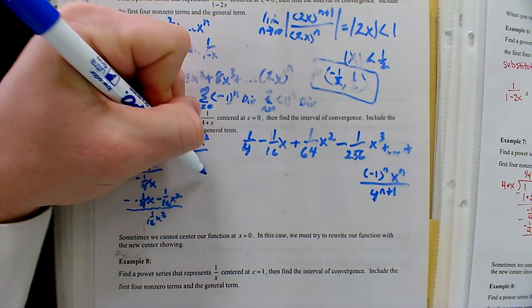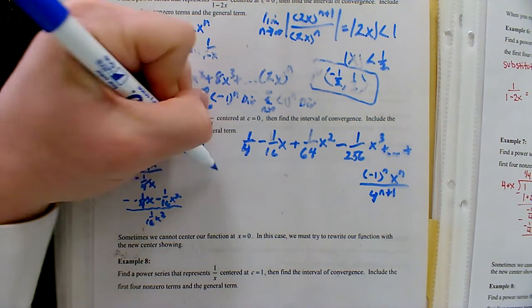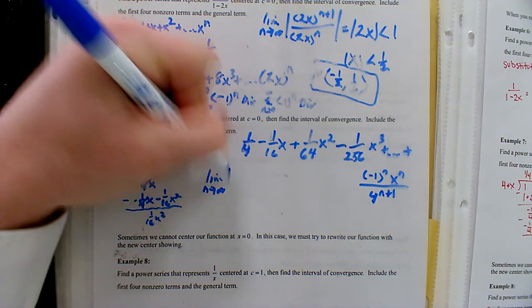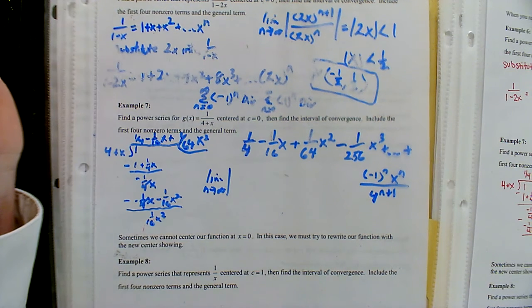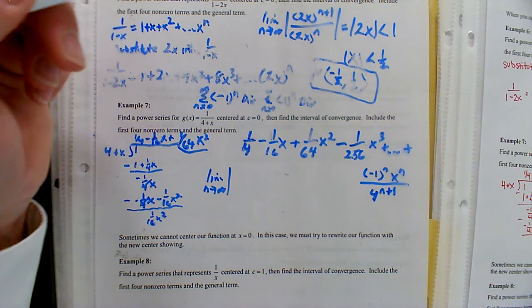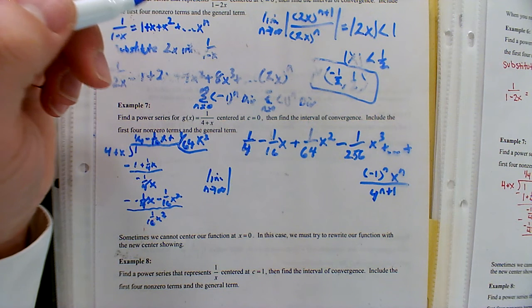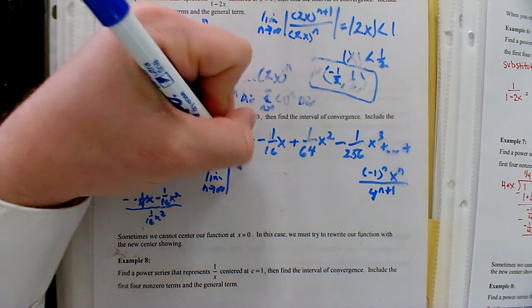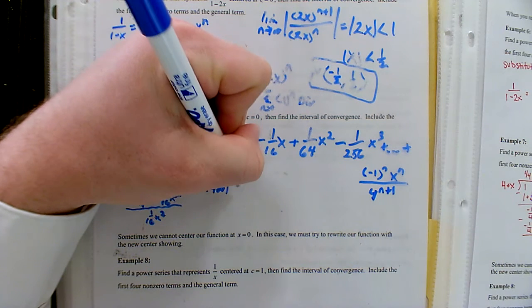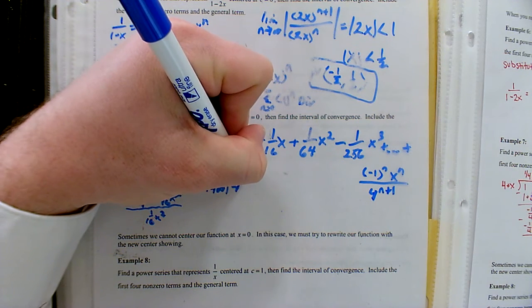So now we have to do our ratio test again to find our interval of convergence. Limit, as n goes to infinity, absolute value. Again, we don't need the alternator. We just have to do the n plus 1 term over the original. So x to the n plus 1 over 4 to the n plus 2.